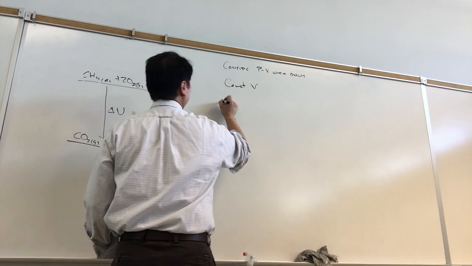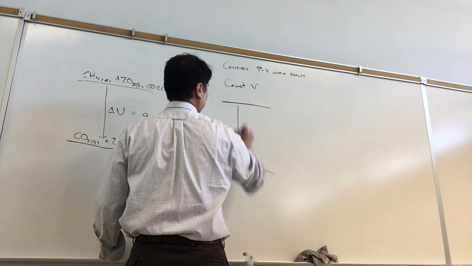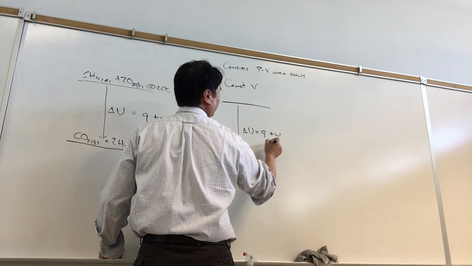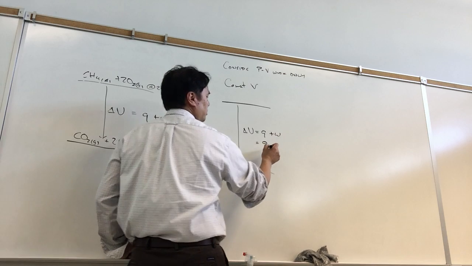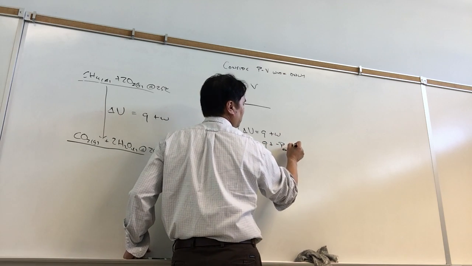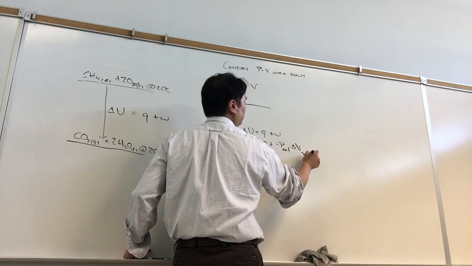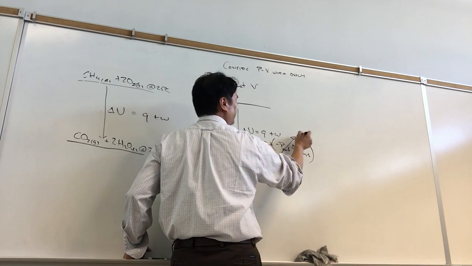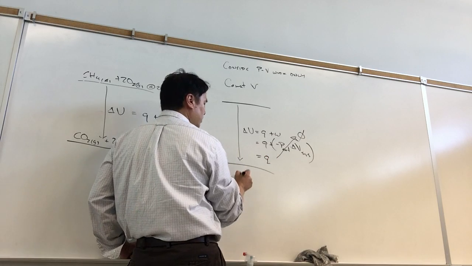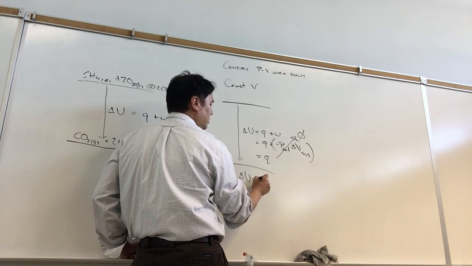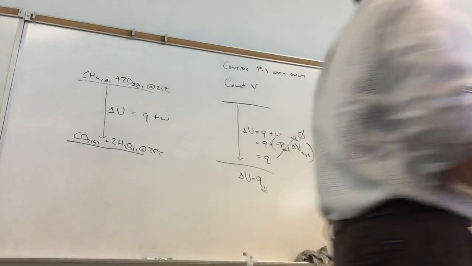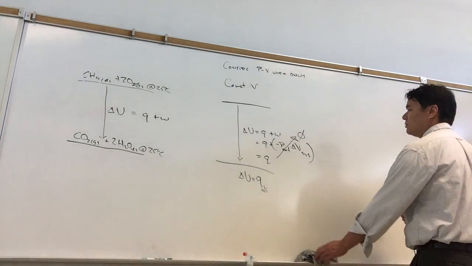At constant volume, this is pretty easy because delta U is equal to Q plus W. Well, what is W equal to? W is equal to minus P external times delta V of the system. Well, delta V of the system is 0, and so delta U is equal to Q. And so what we say here is delta U is equal to Q sub V, to keep track of it. V just means constant volume.